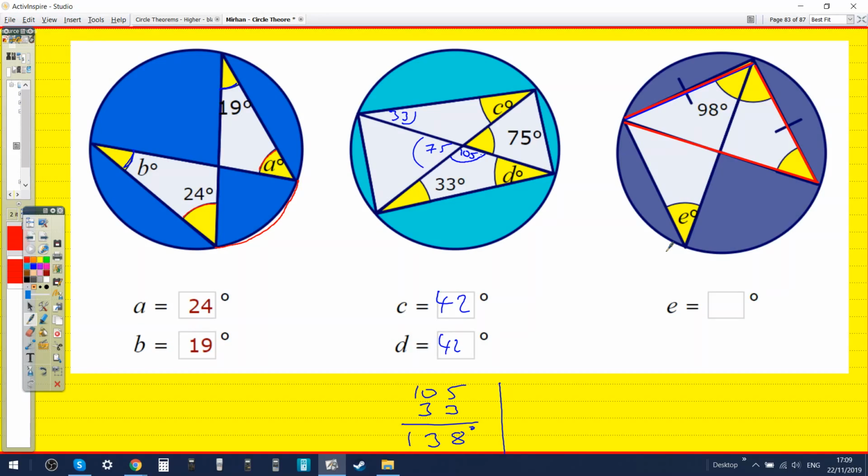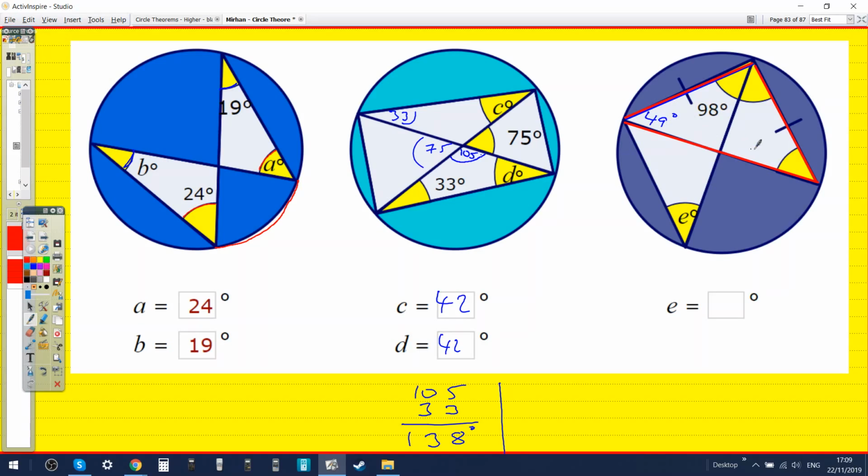Is E 90 also? I think 98. The whole angle is 98. So E is 98 divided by 2. What is that? 49.